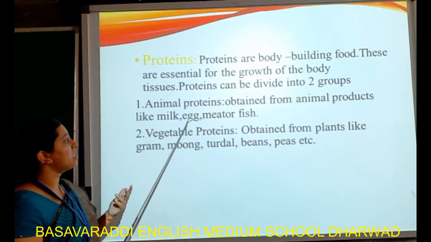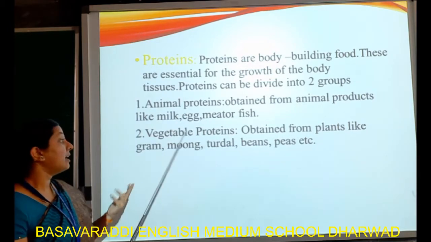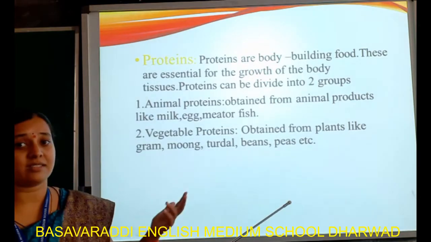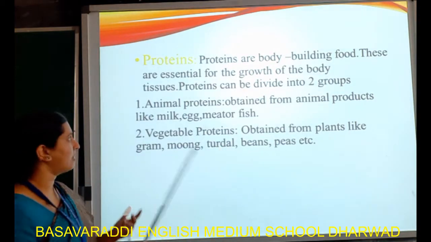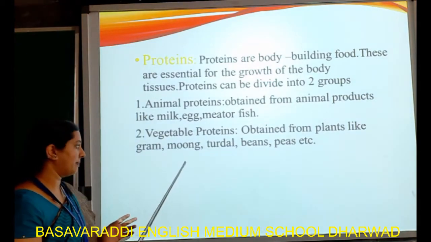Animal proteins include milk, egg, fish. In vegetables you have gram, tur dal, beans and peas, and many others. These are the sources of proteins.